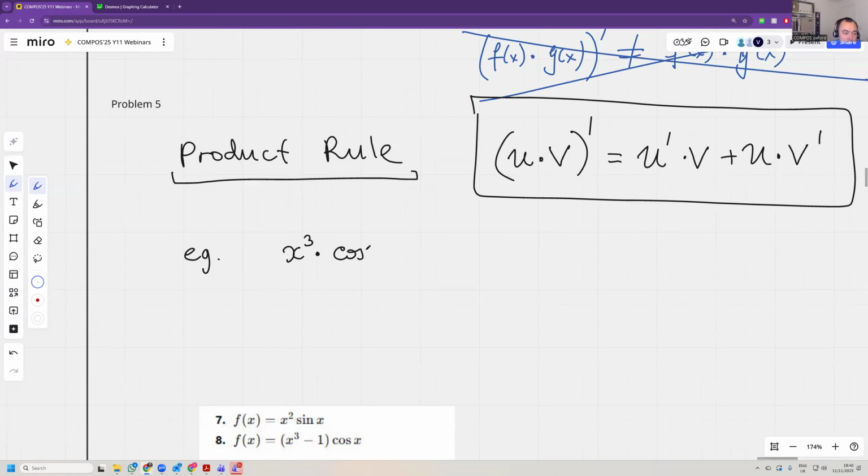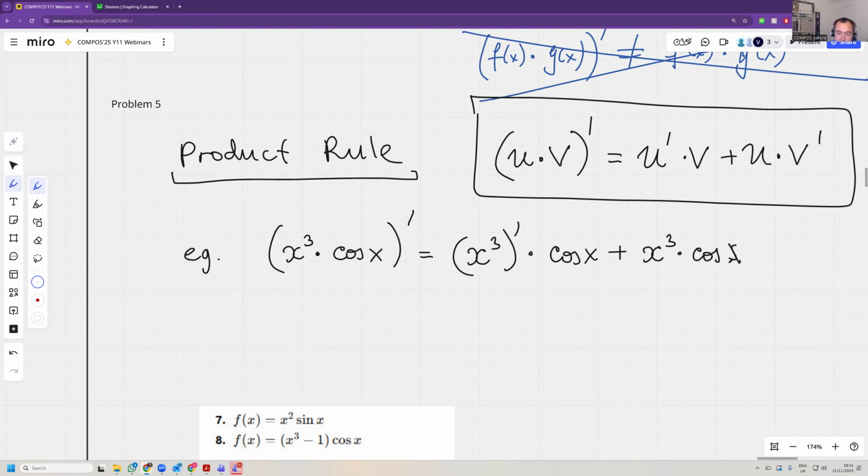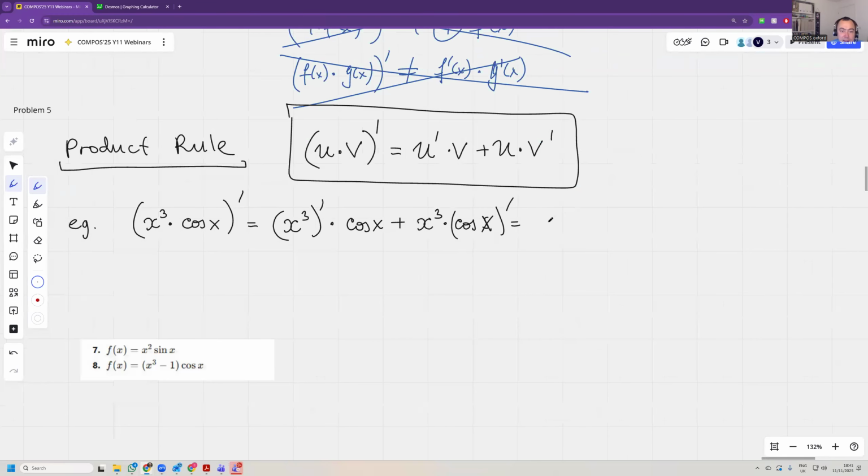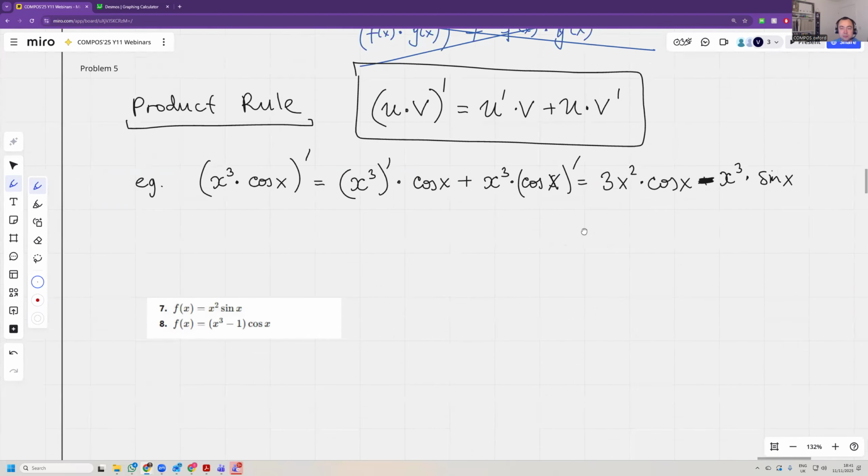First you find the derivative of x cubed, multiply it by cos x, plus x cubed multiplied by the derivative of cos x. So the derivative of x cubed is 3x squared multiplied by cos x plus x cubed multiplied by minus sine x, which can be written like this. Just put the minus here. That's it.